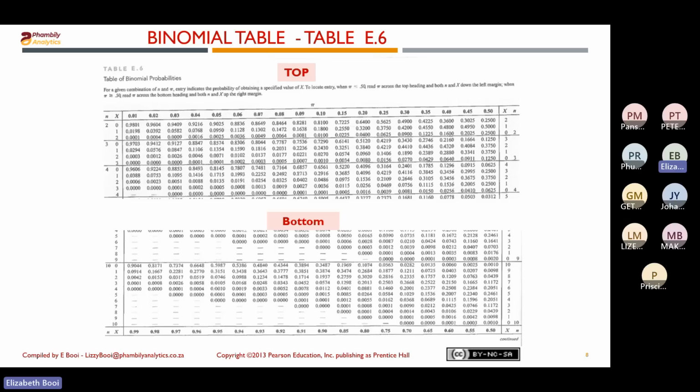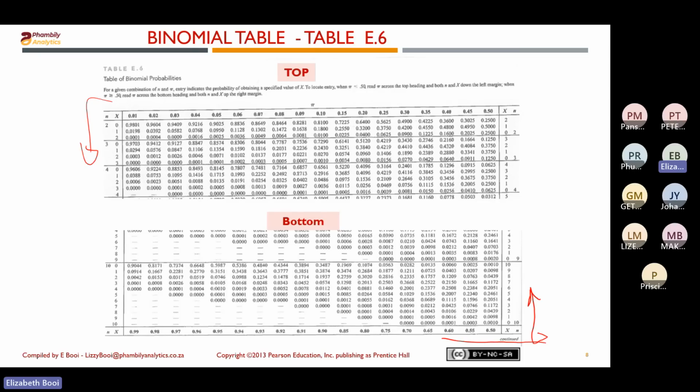Every probability of success at the top is read with the n, which is your sample size, and your x observation on the left. Every probability at the bottom is read with your n and your x observation on your right.